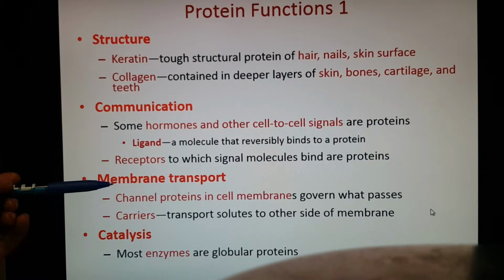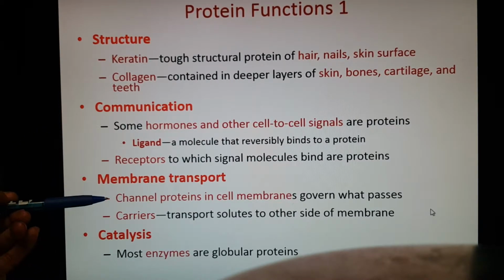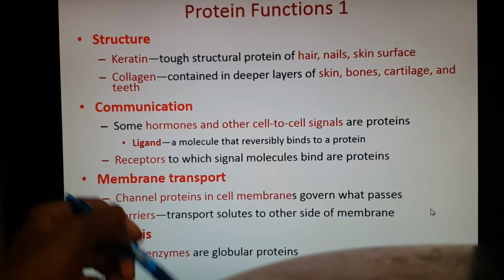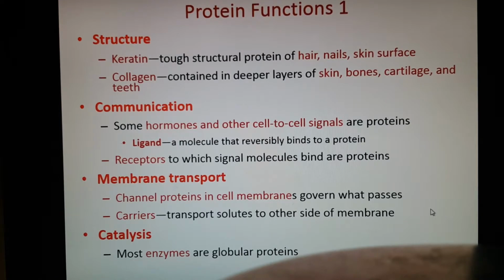Those proteins that are embedded in there can either make a channel, like a tunnel, into the cell, or carry something from the outside or inside of the cell to the other side. And another function is catalysis, so being enzymes that help to speed up a reaction.